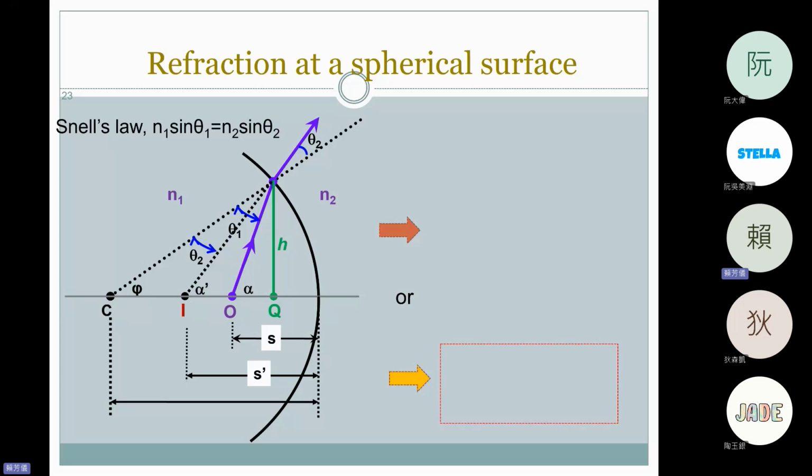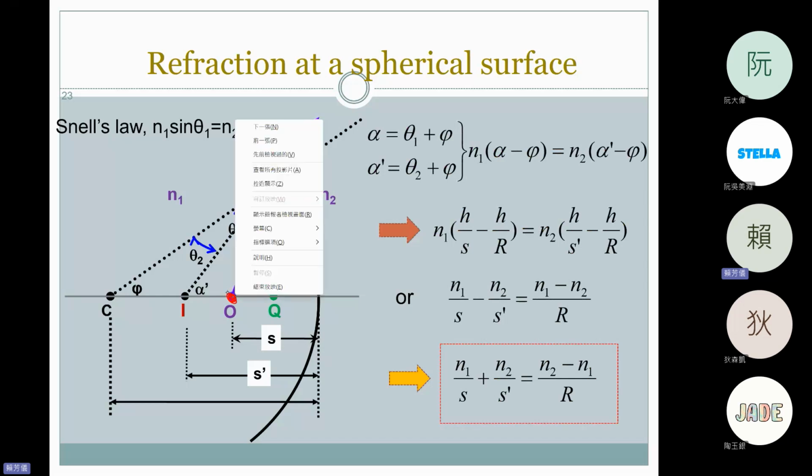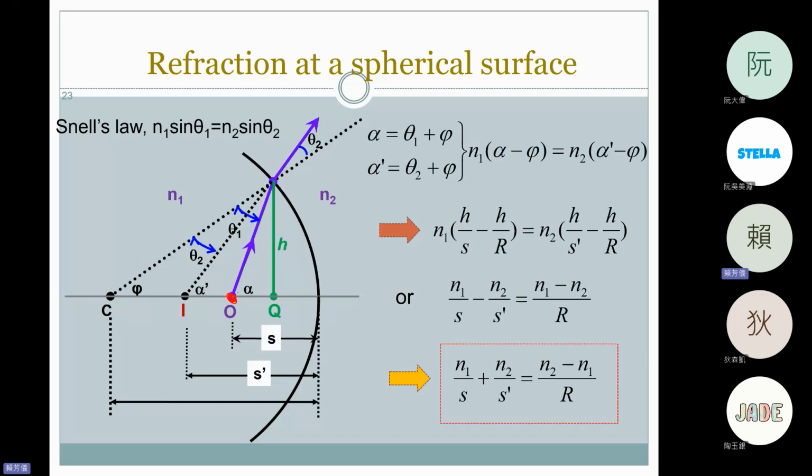So here you can see that we can draw this. The object is on the left side. This is the optical axis. The object is here, and the light goes toward the refracting surface, so the light will be transmitted.